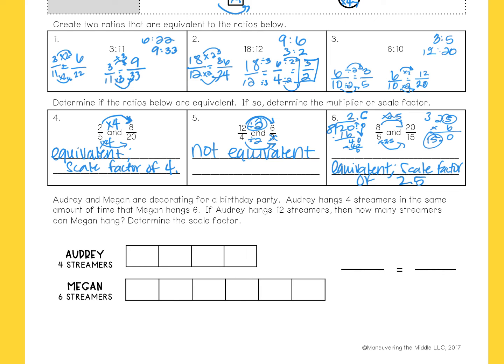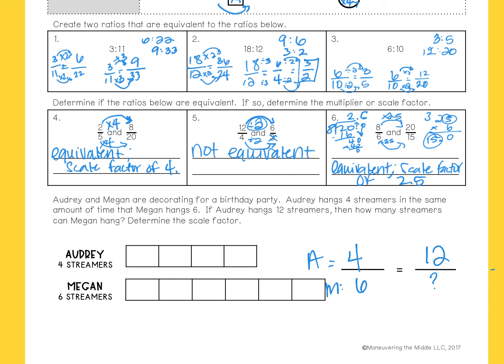So we know that if Audrey hangs 4 streamers, then Megan is going to hang 6. And we want to know how many streamers can Megan hang if Audrey hangs 12.